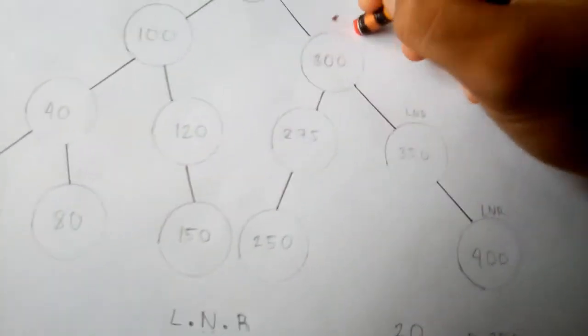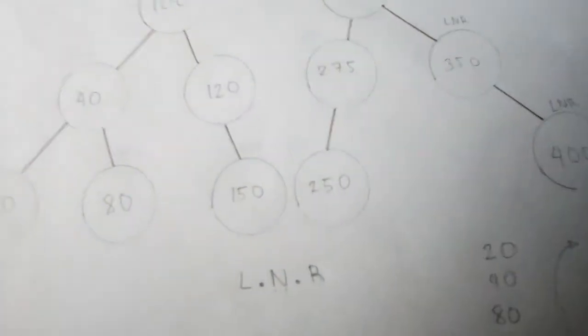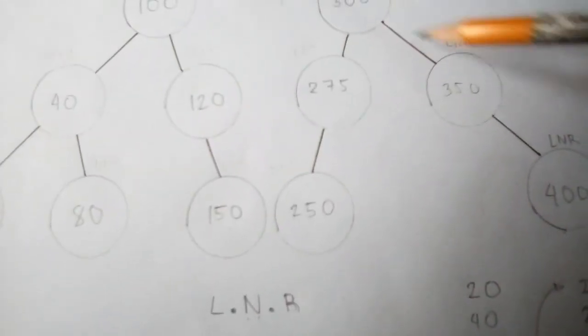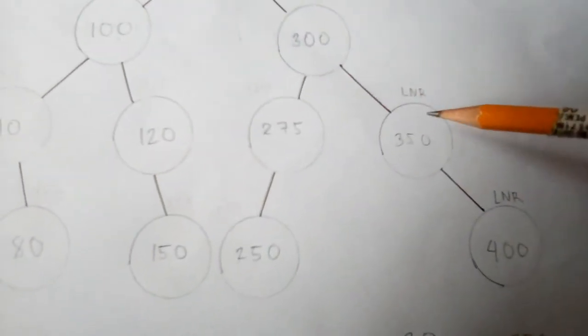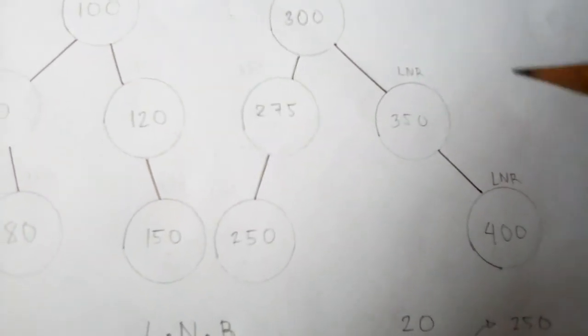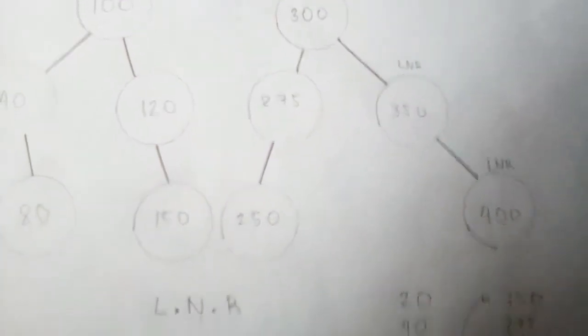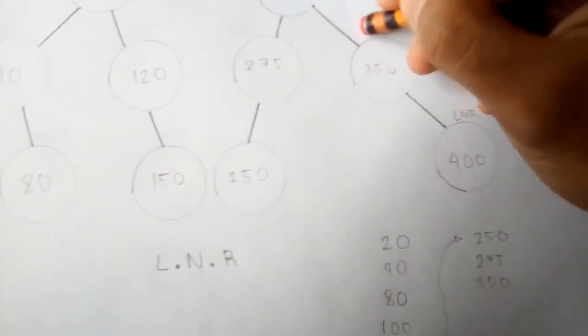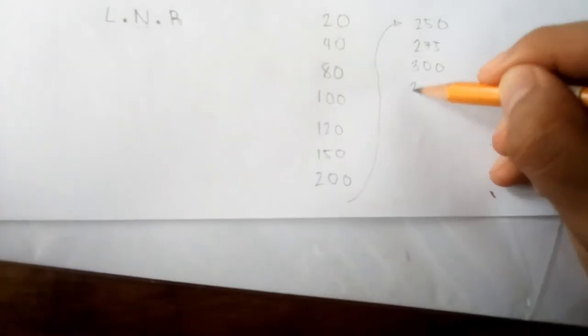After that, we apply the R of 300, going to the right subtree of 300, which is 350, and still applying the LNR above it. We check, find nothing, delete it, and get the value below 300, which is 350.